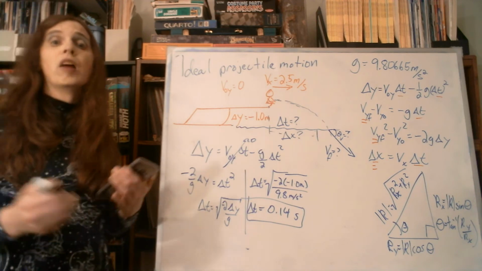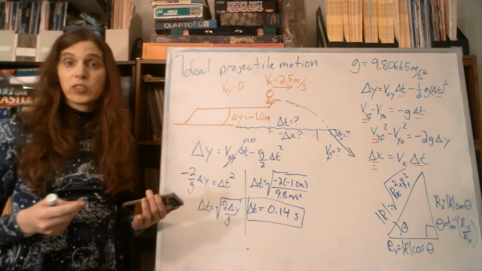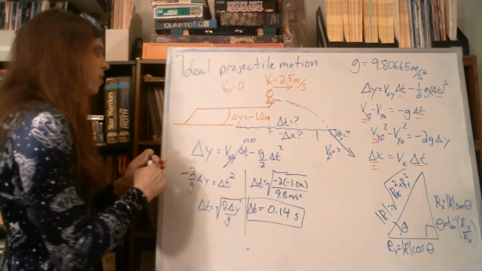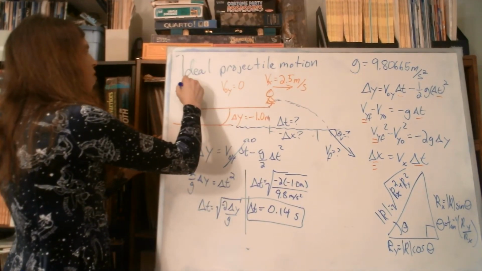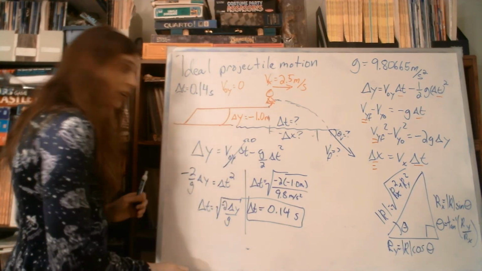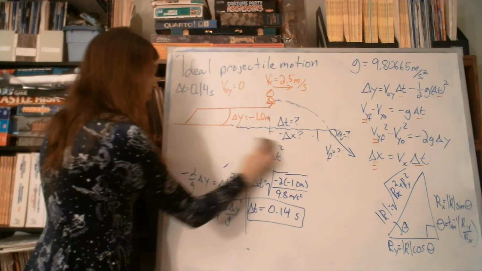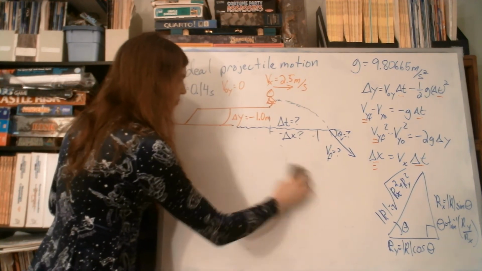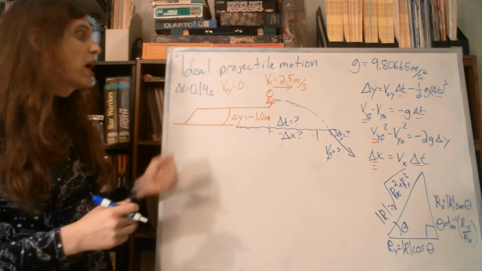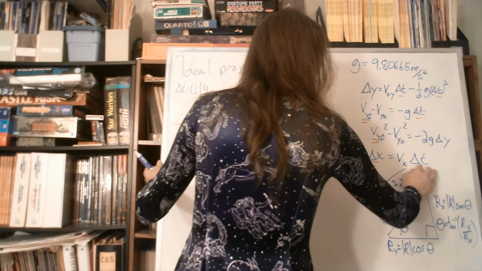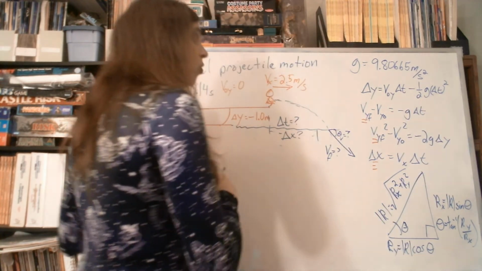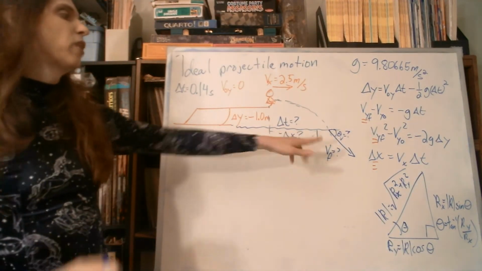Okay. Now, because we have a limited amount of space on this board, I'm going to put that answer up here, and give us some more workspace. All right. So now that we've found the time, the world is our oyster for finding out our unknowns. We can find our position.